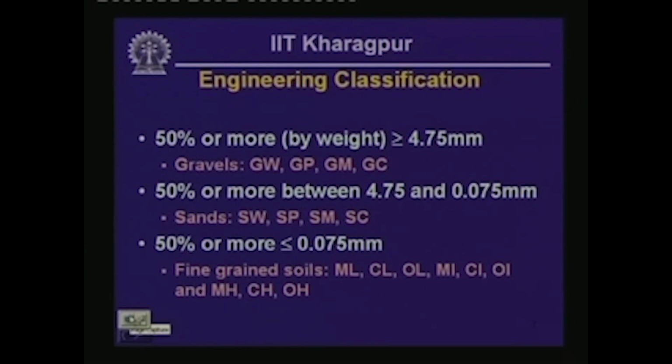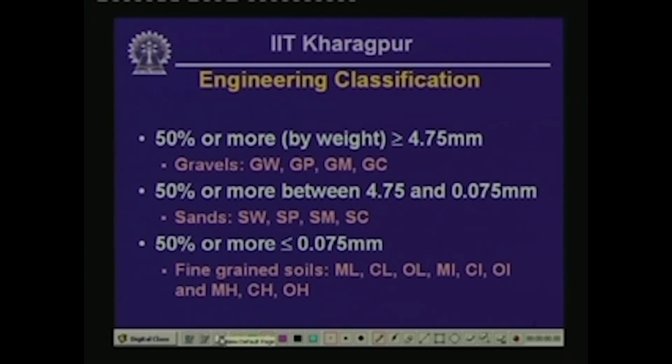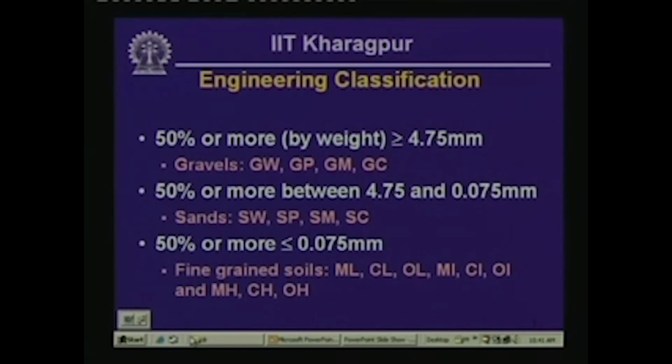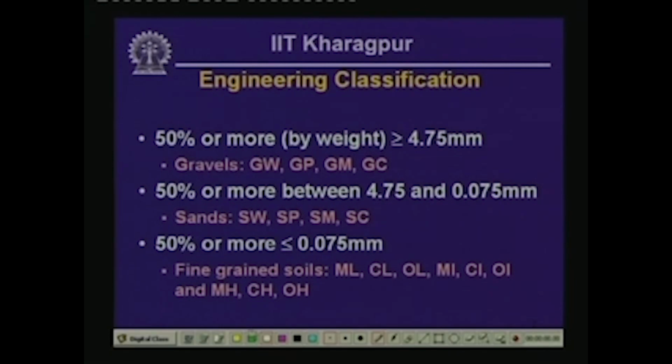In that case, the symbol used for that kind of soil is going to be GW. The letter G represents gravel, whereas W in this case signifies well graded.